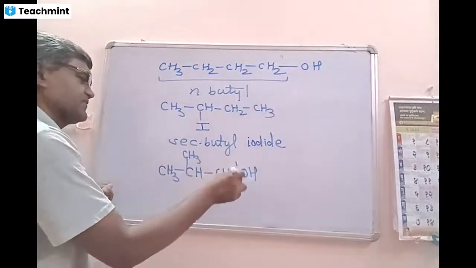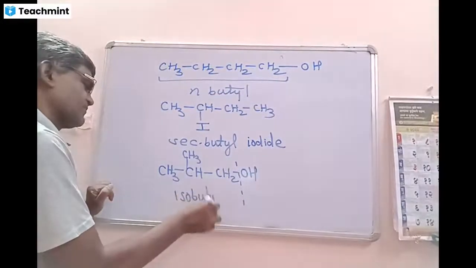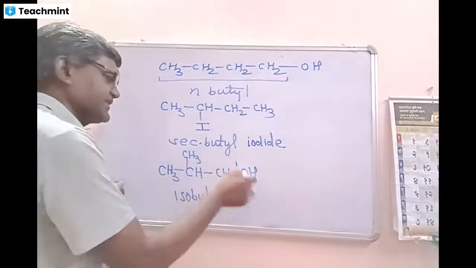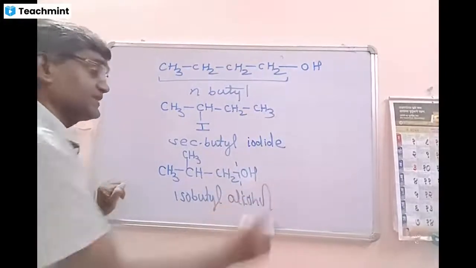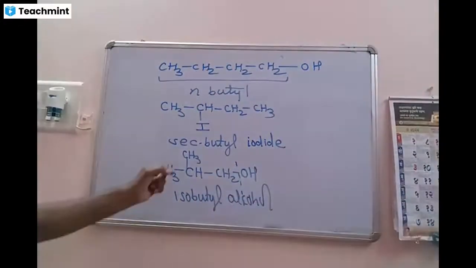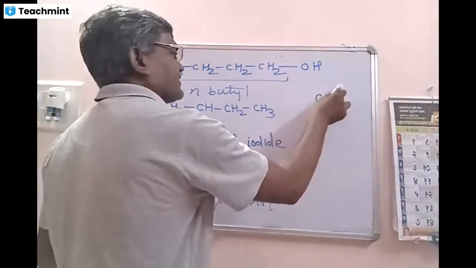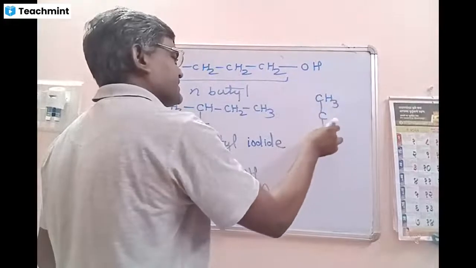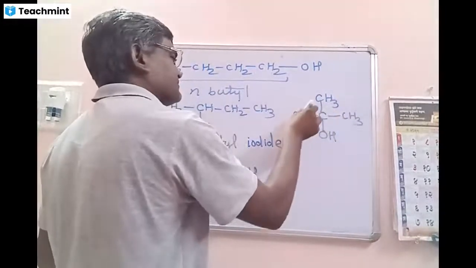We go for the next. Then this species will be called isobutyl, and here it is OH group, so I will write alcohol. So this is isobutyl alcohol, and one left is that what? CH3C. So anywhere I can have that open valency.